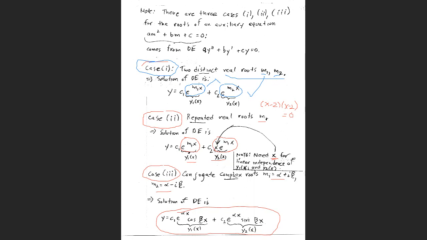Like, where did you get this, though? It's actually proven in the textbook. It's a good question, Matthew, and if we had time, we would be able to show it. But if you look in your book in section 4.3, before example 1, for case 3, the complex conjugate roots, they actually prove it using Euler's formula, and it's pretty cool.